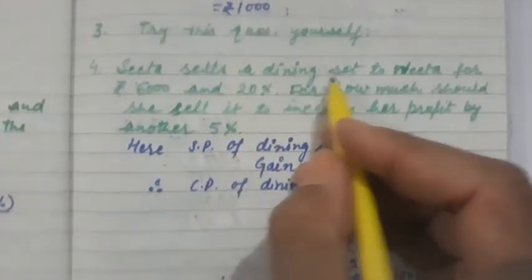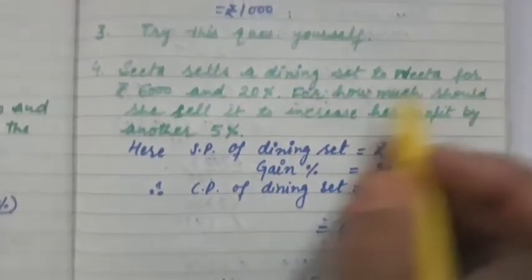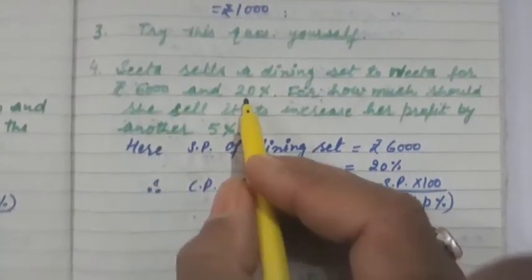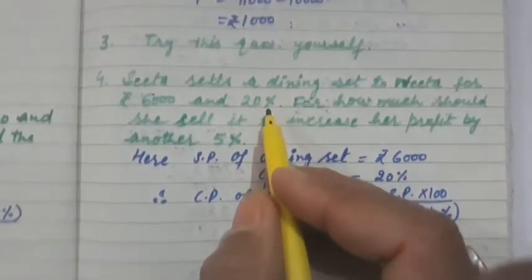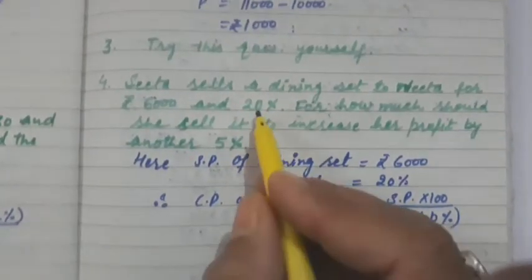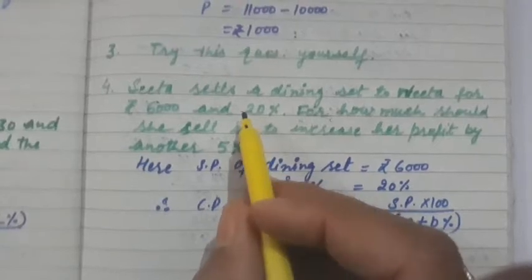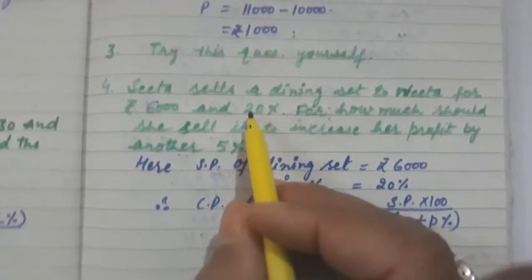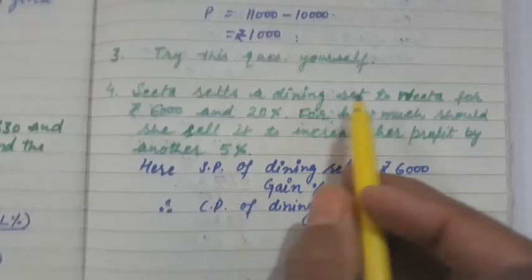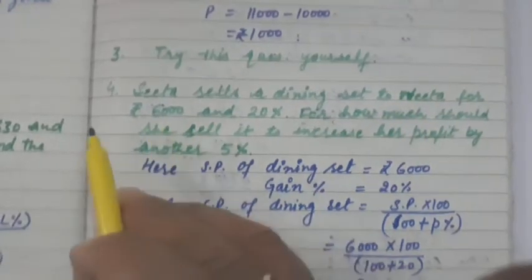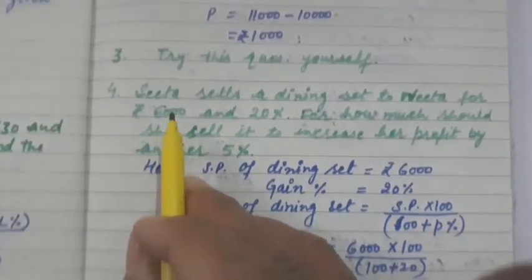Sita sells a dining set to Nita for rupees 6,000 and 20% is the gain for Sita. Sita gains 20% by selling it to Nita. The selling price is 6,000.